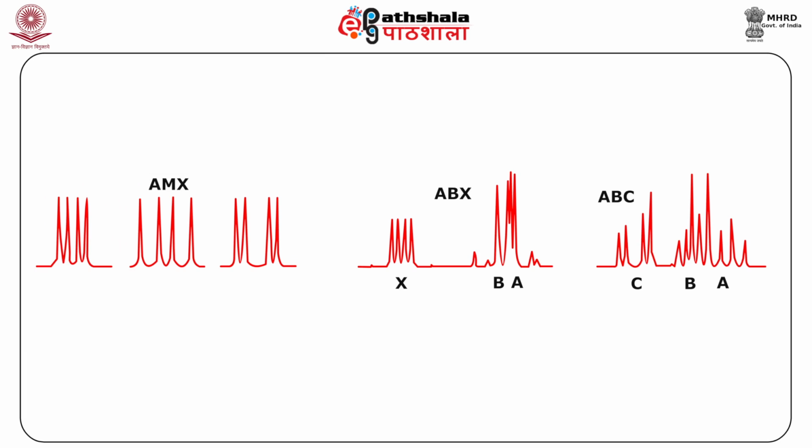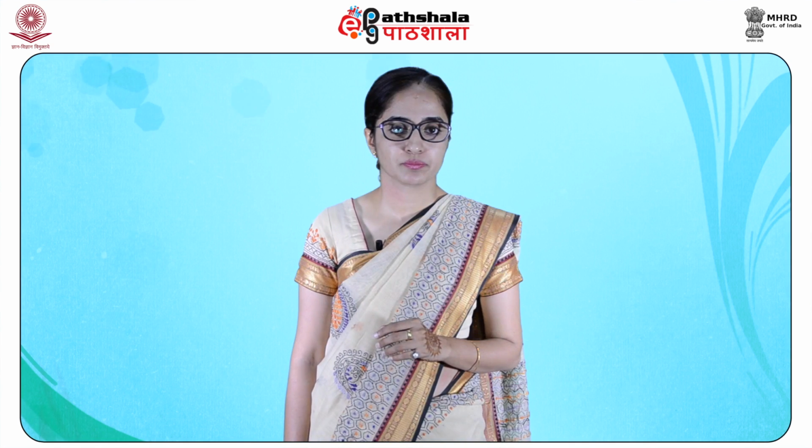Many vinyl systems such as CH2=CHY display an AMX system, where Y is a strongly electronegative substituent. There are 3 coupling constants for such systems. The trans coupling JMX is larger than the cis coupling JAX. JAM is the geminal coupling with a significant value.